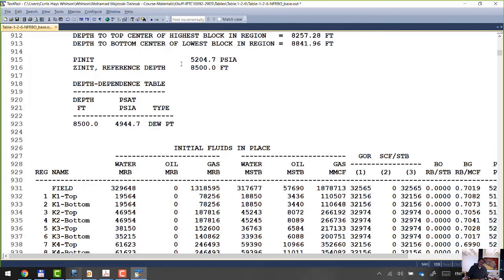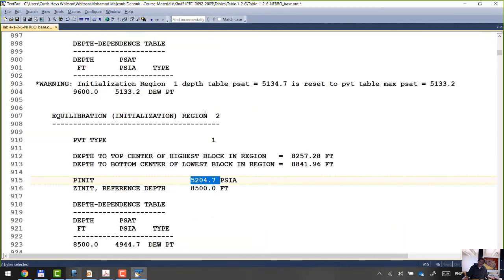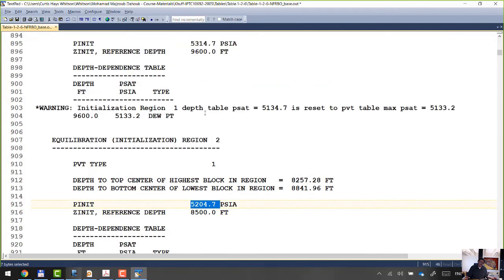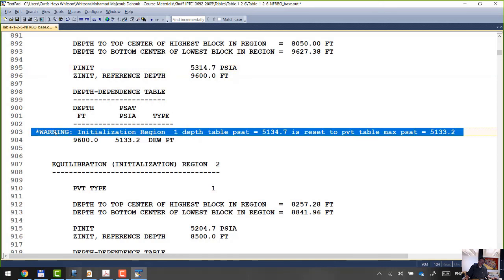Yeah, so you see here, it's not got 53, so I'm not sure where. Now there's 5315 and yeah, it is there. So there's a warning.